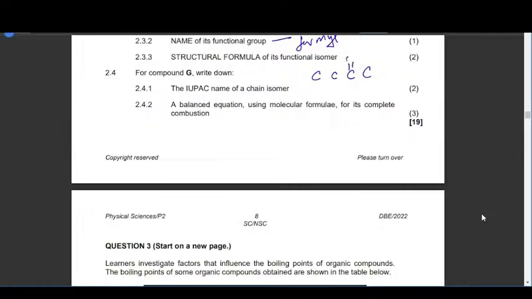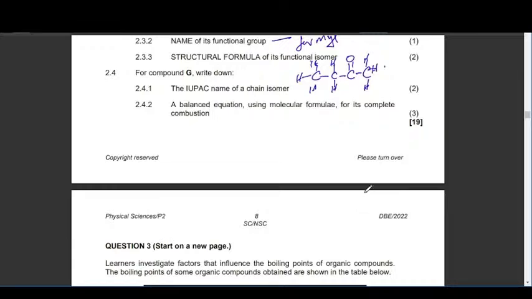Then I put the hydrogens. You see, I have to count and see if all of them are 4. This one is correct, this is correct, this is correct, 1, 2, 3, 4. So that's the structural formula for that functional isomer.